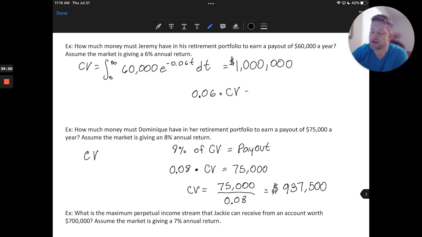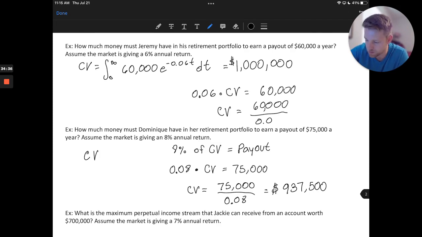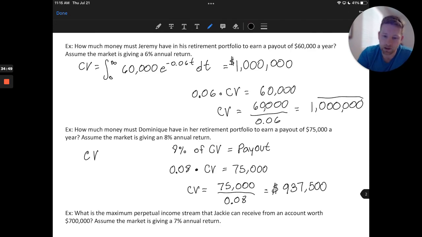And if we divide $60,000 by 0.06 in this case, this actually gives us $1 million as well, if we move that decimal and reduce. So this might be a little bit easier to figure out, but you do have to know exactly what we're meaning by present value or capital value here to figure it out this way. So we can work this problem the opposite way as well, and that's what we'll finish up on in this last example.